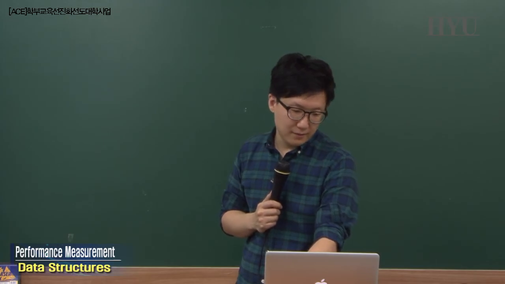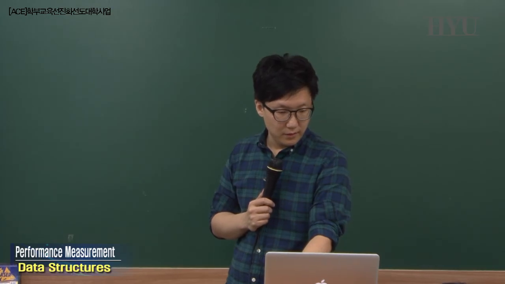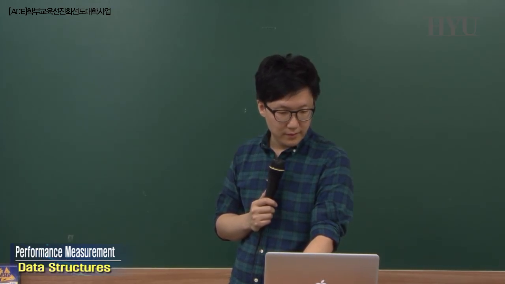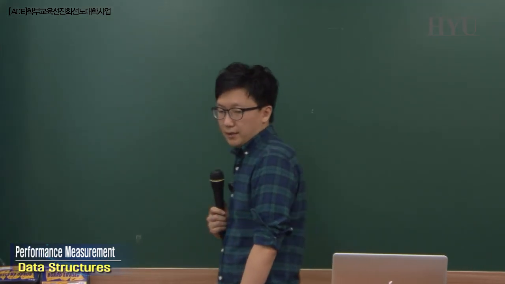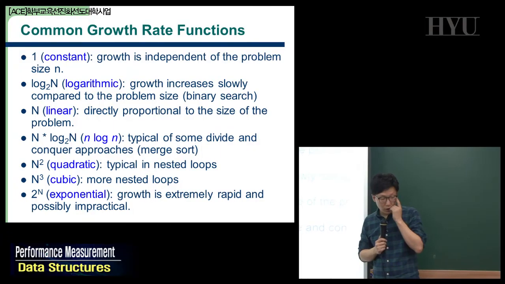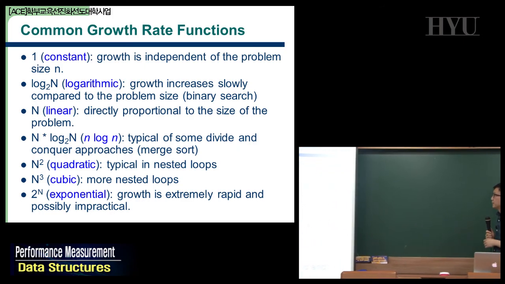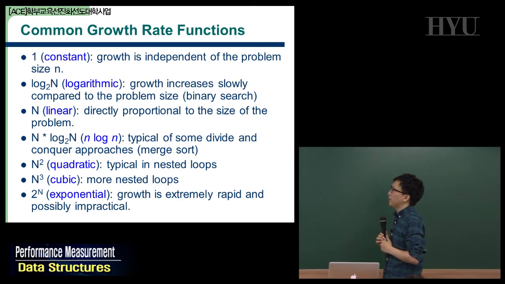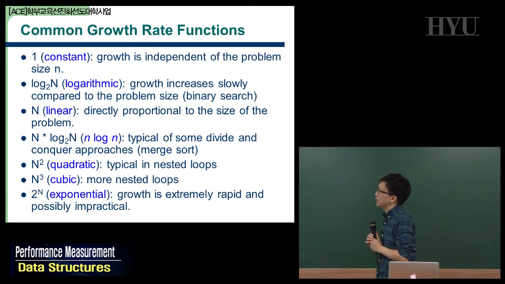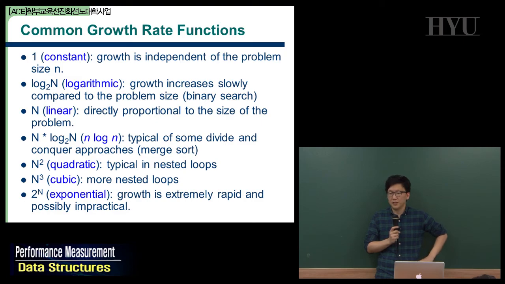Theta examples, as simple as the heap sort. I think I explained it last time. Constant, log base 2 of n, logarithmic growth increases slowly compared to the problem size, like binary search. I explained this last term to many of you who have taken Introduction to Computer Science.